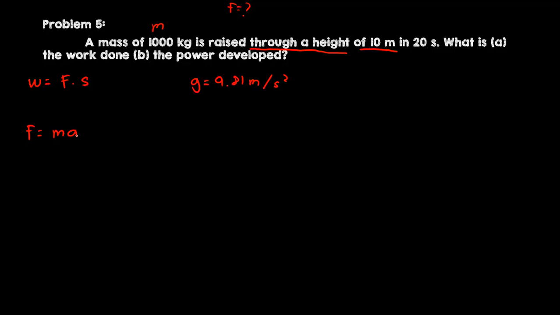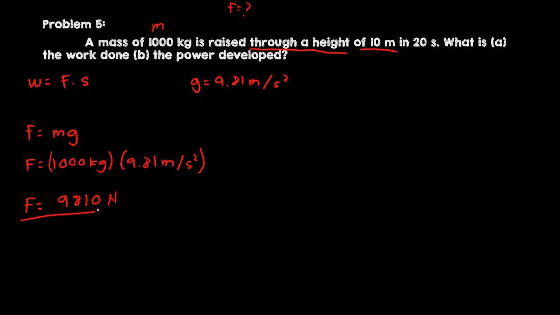So F is equal to M times G. F is equal to mass of 1,000 kilograms multiplied by 9.81 meter per second squared. So we have a total force of 9,810 newtons. So that is our force.